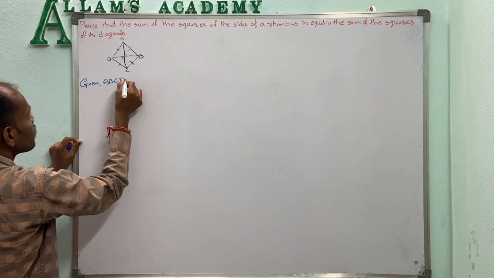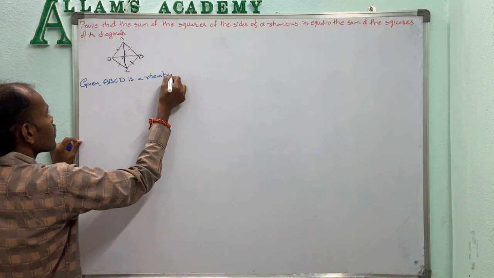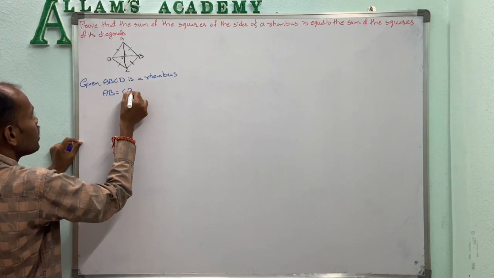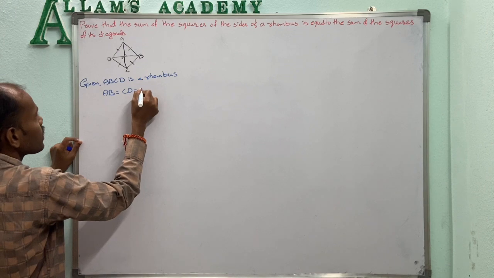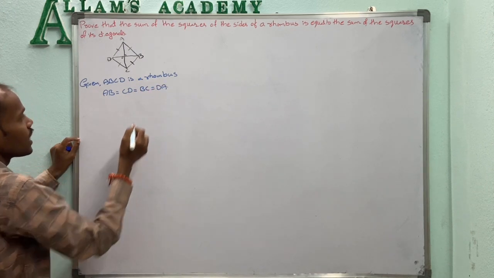For that purpose, first given ABCD is a rhombus. In a rhombus all sides are equal, so AB equal to CD equal to BC equal to DA.